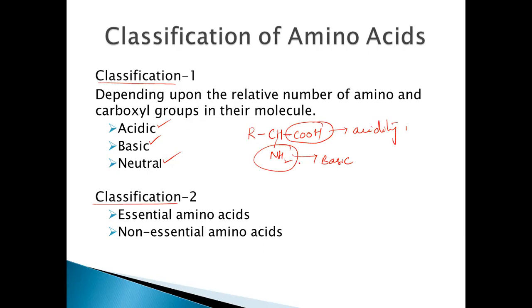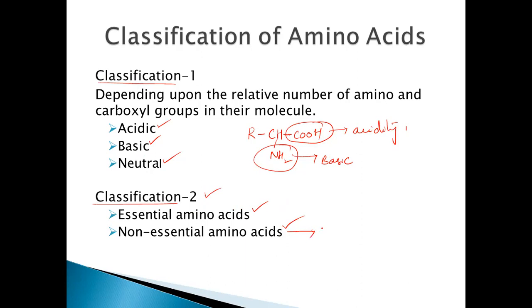If there are more basic NH2 groups than COOH groups, then it is basic in nature. What is neutral? Simple. If there are equal numbers of NH2 and COOH groups, then it is neutral. So depending upon the number of COOH and NH2 groups, we classify them as acidic, basic, or neutral. And the second type of classification is essential or non-essential amino acids.